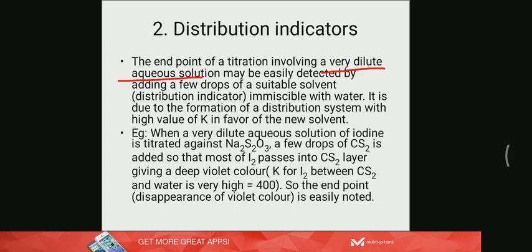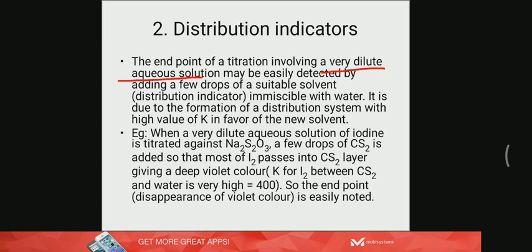You know iodometry. Suppose you have a very dilute solution of iodine. You have a direct titration of iodine with sodium thiosulfate. Using starch indicator we do it. If the iodine solution is very dilute, it will be difficult to note the end point using starch indicator.